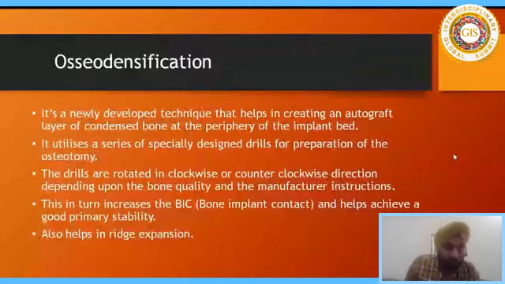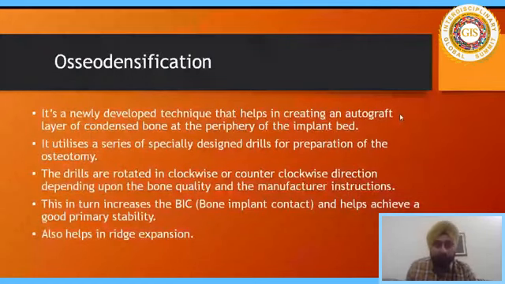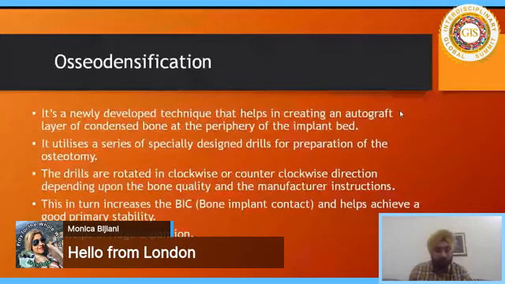Now coming to osteodensification. It's a newly developed technique that helps in creating an autograft layer of condensed bone at the periphery of the implant bed. It utilizes a series of specially designed drills for preparation of the osteotomy. These drills are rotated in clockwise or counterclockwise direction depending upon the bone quality and the manufacturer instructions.